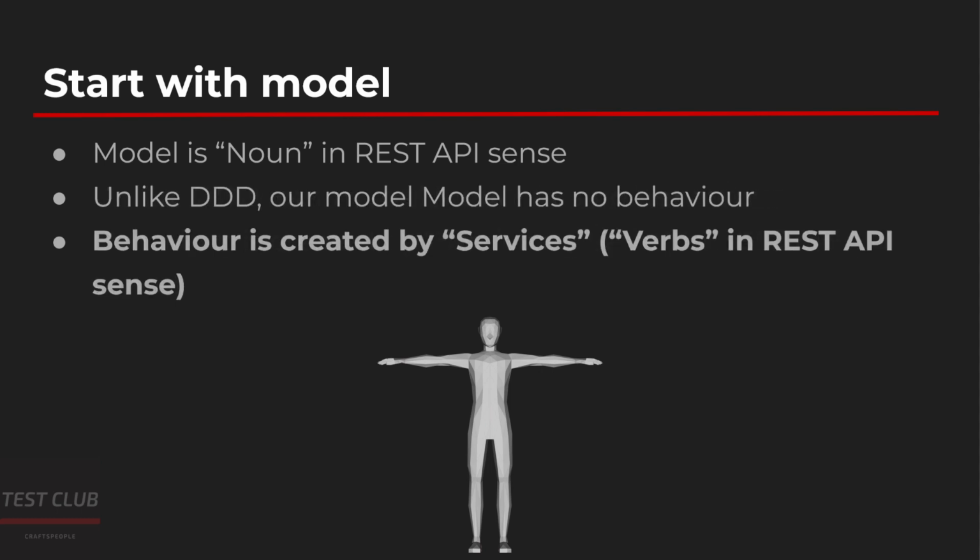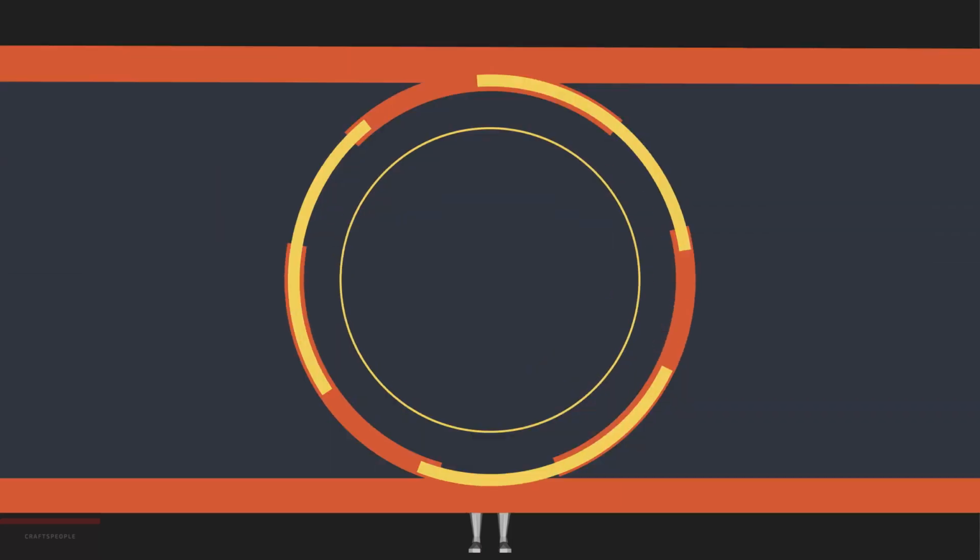And the behavior is going to be created by services, verbs in REST API sense. This approach is more functional programming-like and less object-oriented-like, but I still think it is way easier to test and think in this sense when you are creating a REST API.